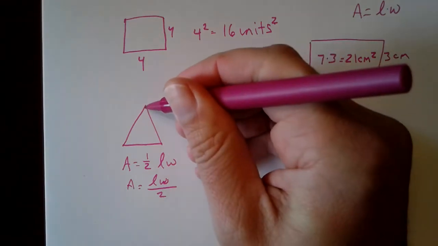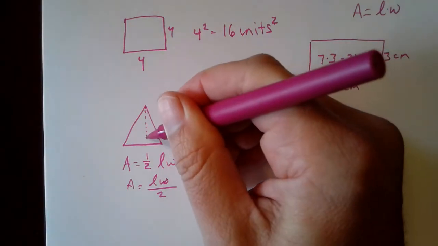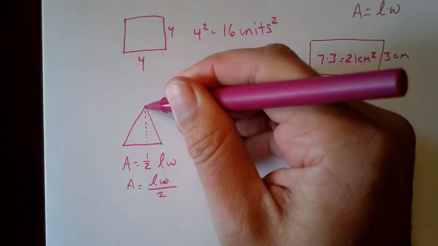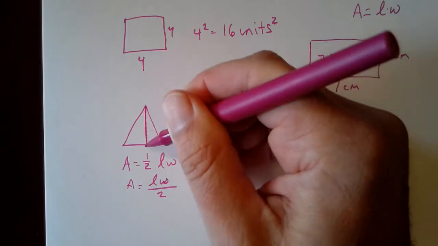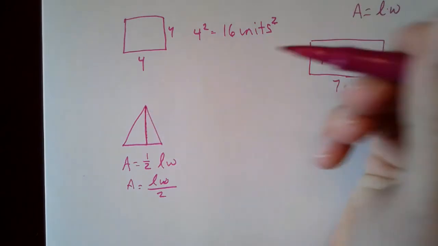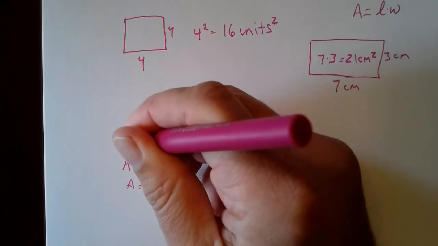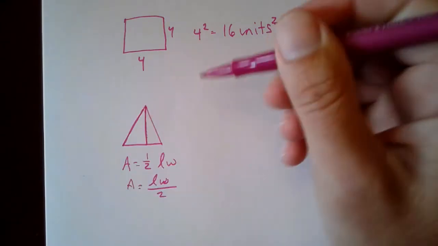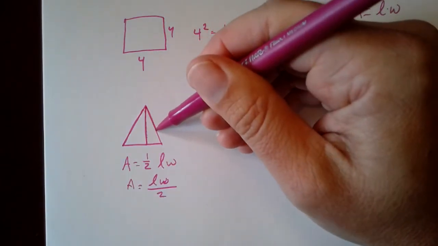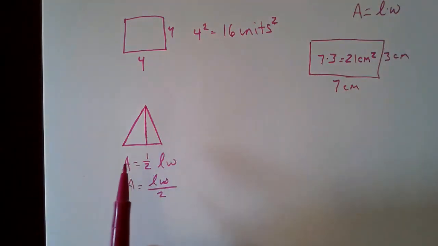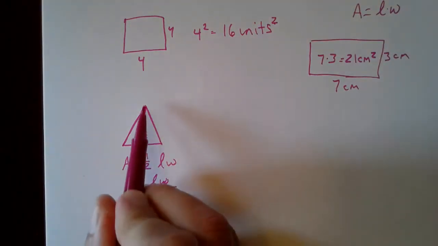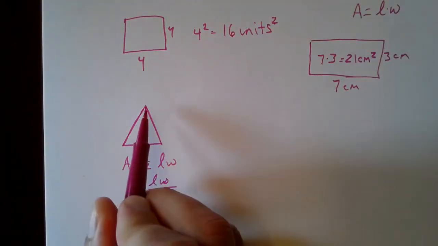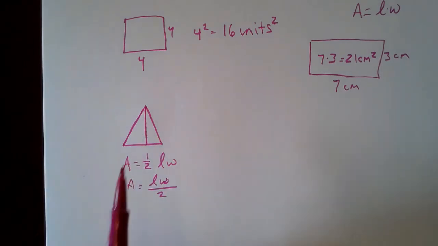Okay? The height or the length of it has to be straight up and down. That's going to be the height of this. These are called the slant height. Slant heights are the angled sides. All right, so in order to find the area, we need to know what this measure is. It'll often be given in the earlier stages.